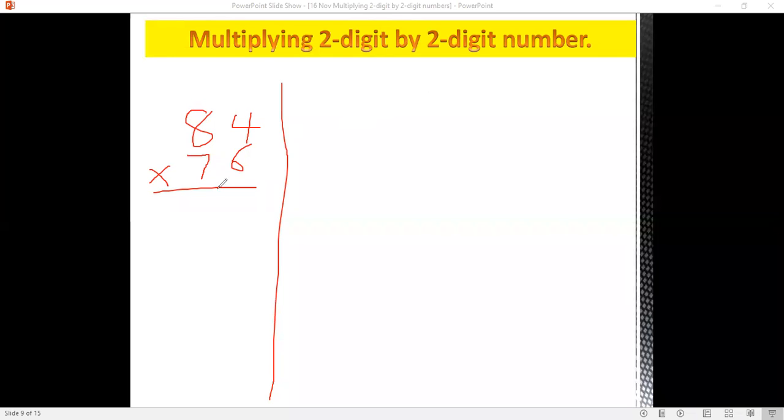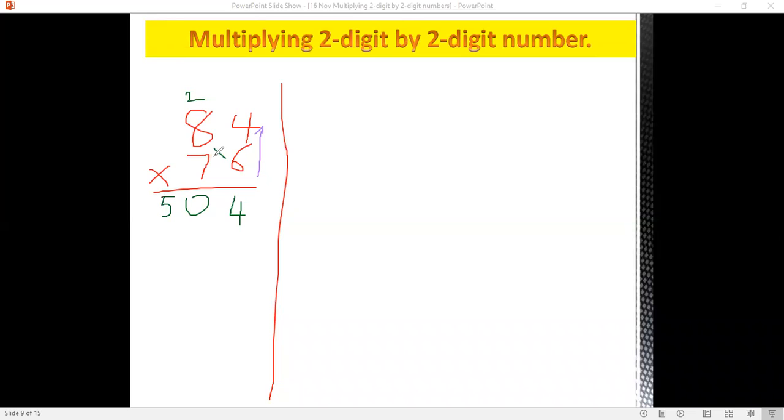Okay, we have here 84 times 76. Now remember we have to start here. Let's change the color. So 6 times 4 is 24. Carry 2. Then let's multiply here. 6 times 8 is 48, plus 2 is 50.